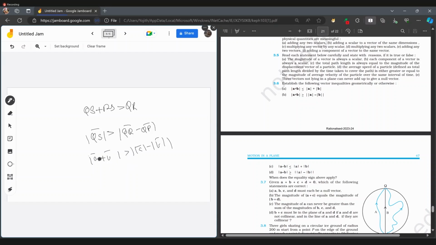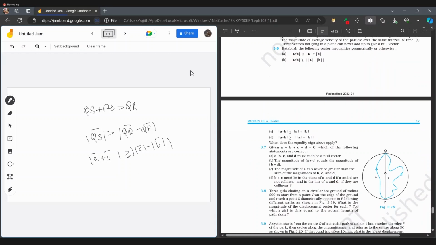Okay, so it will be A plus B whole mod is greater than or equal to mod of A mod minus B mod. Okay, నెక్స్ట్ ఏమన్నాడు, mod of A minus B is less than mod of A plus mod of B.